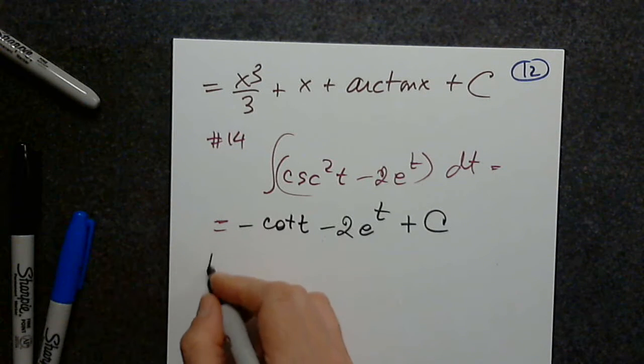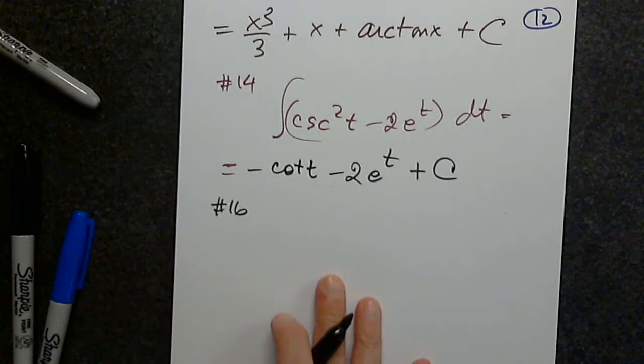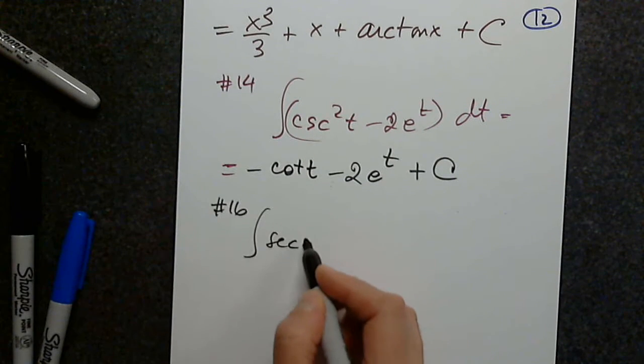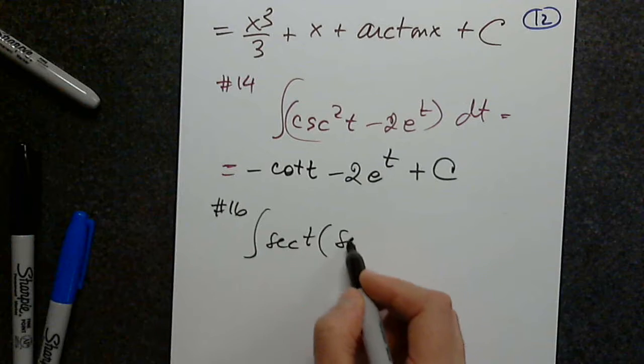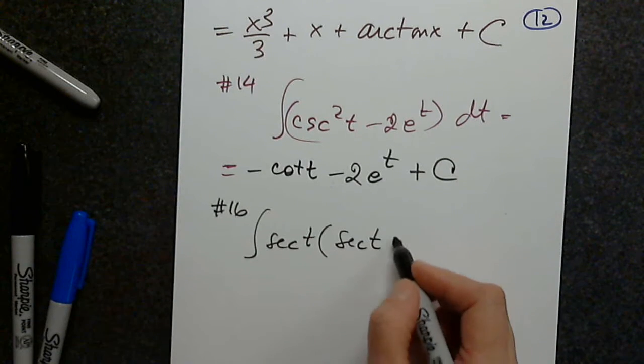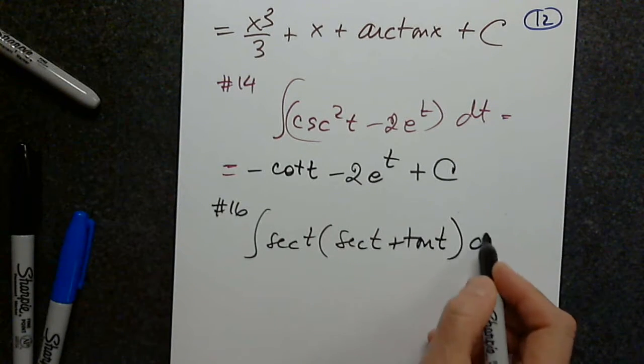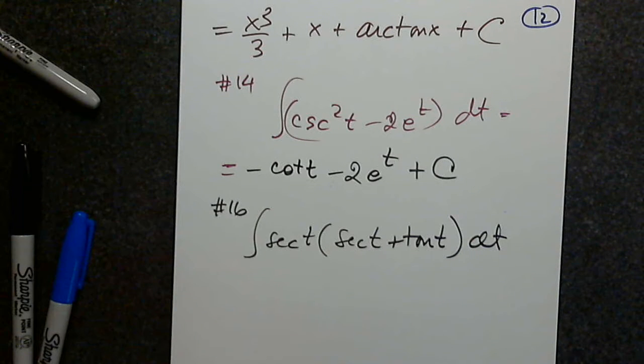What about 16? The integral of secant t times secant t plus tangent t dt. We don't know how to integrate products. We have to distribute.